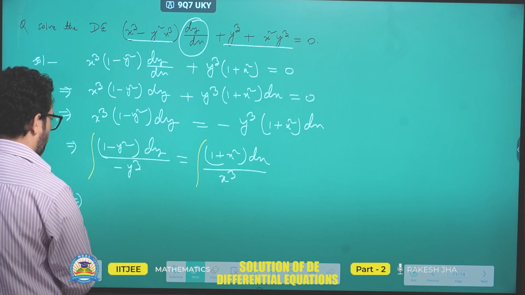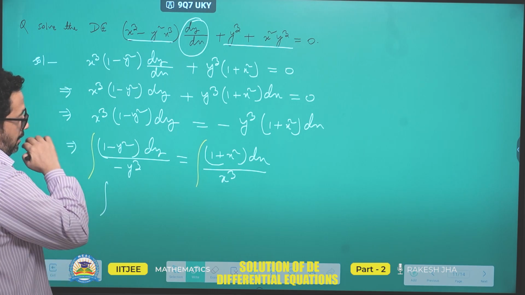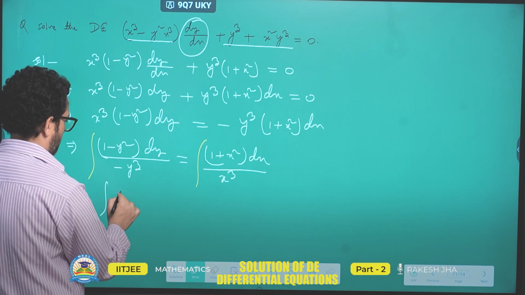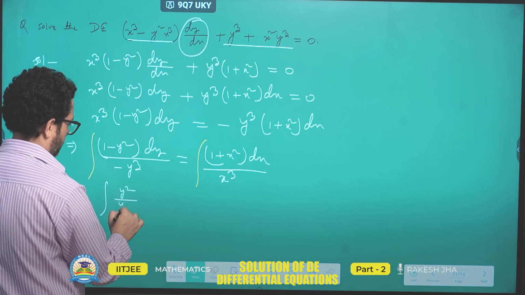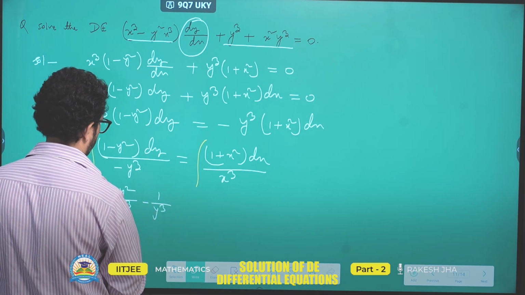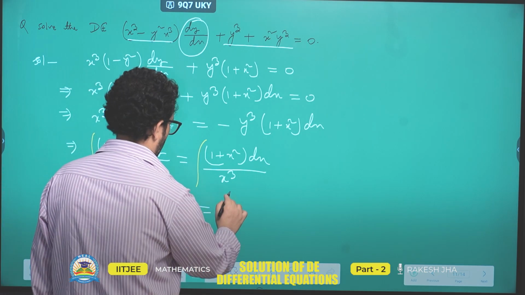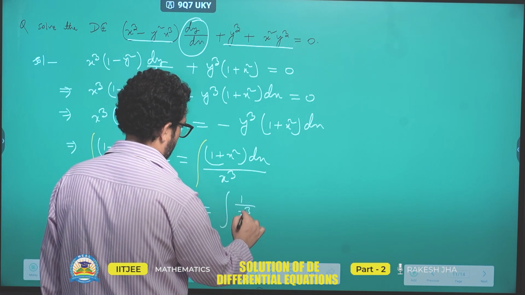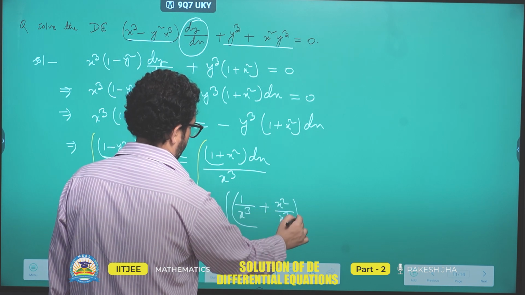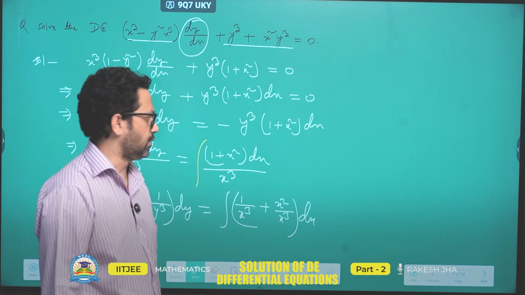So the next step would be the integral of y square upon y cube minus 1 upon y cube dy is equal to 1 upon x cube plus x square upon x cube dx. Okay. Now it's a simple integration. We will solve it.